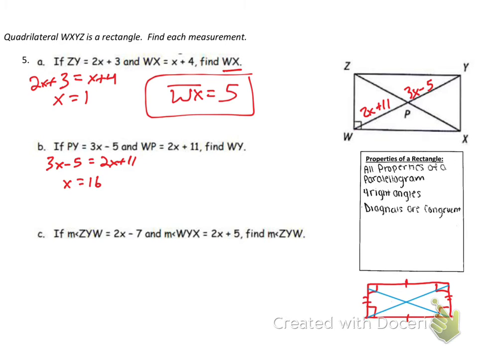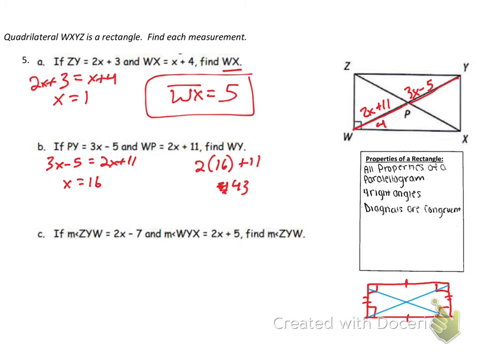Now I just got to find out what the length of this and this are. Now they're going to be the same, but you'll see in a second. So if I plugged it into this first one, WP, I would have 2 times 16 plus 11. So 2 times 16 is 32, plus 11 is 43.